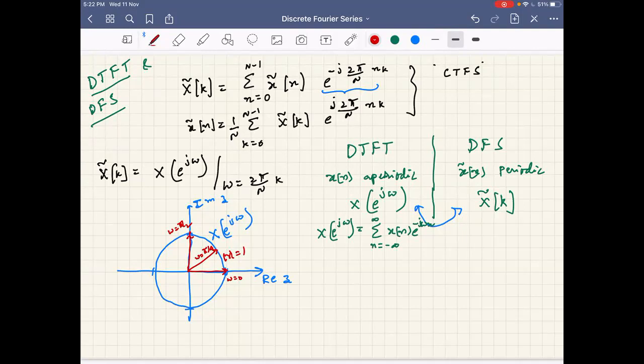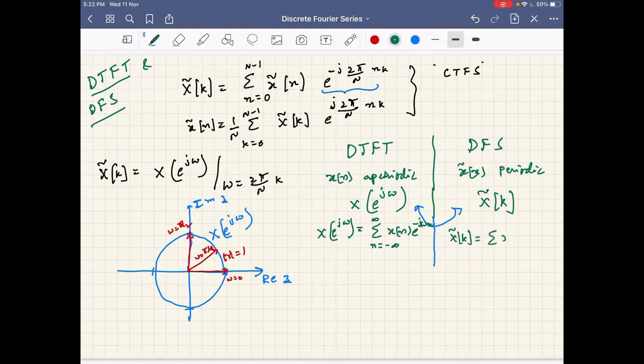the discussion on X tilde of k. What does X tilde of k do? So if we have X tilde of k, let us write it now. What does it do?